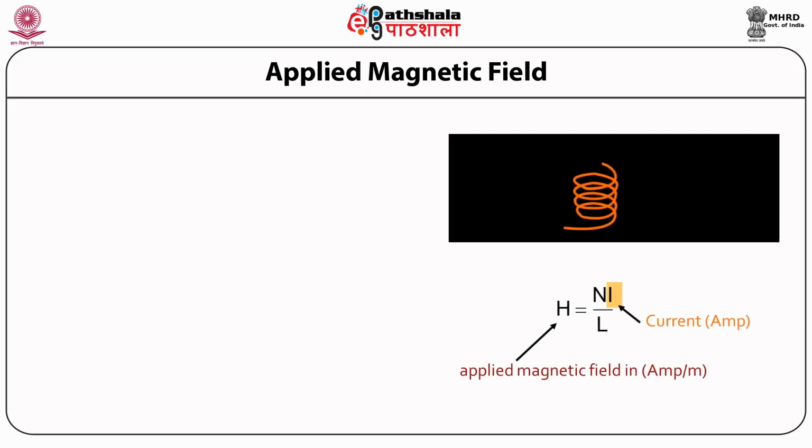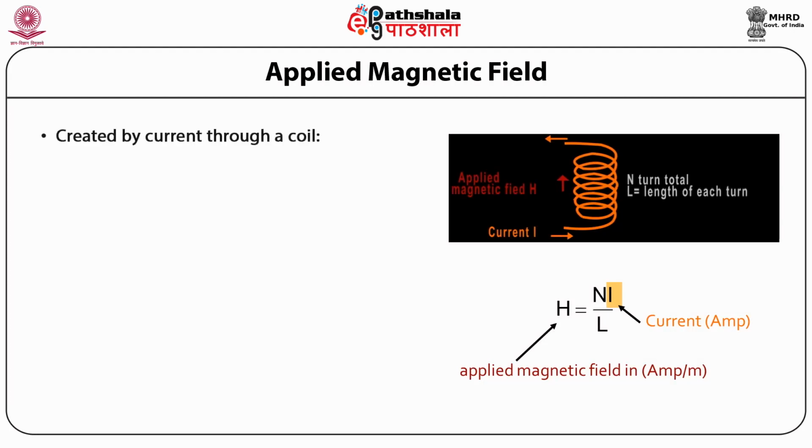Applied magnetic field. The figure shows a current which has been created by applying a magnetic field through a coil. A current is flowing through the coil and a magnetic field is applied through the coil having n turns in total, and L is the length of each turn.